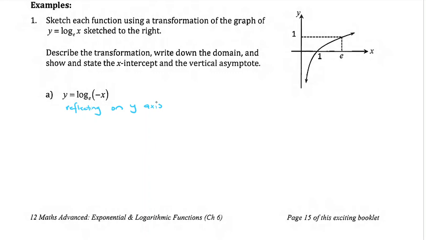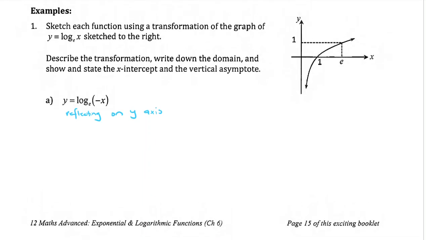So that should make it nice and easy to draw, because we've got our normal logarithm up there. Has my asymptote moved? Not at all. I have a vertical asymptote at x equals 0.